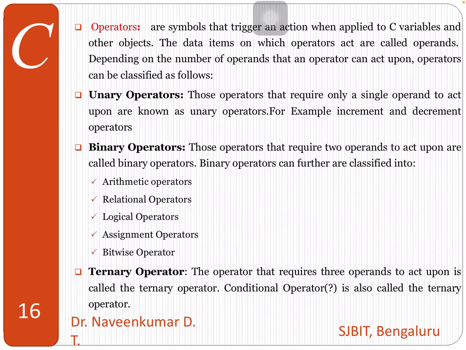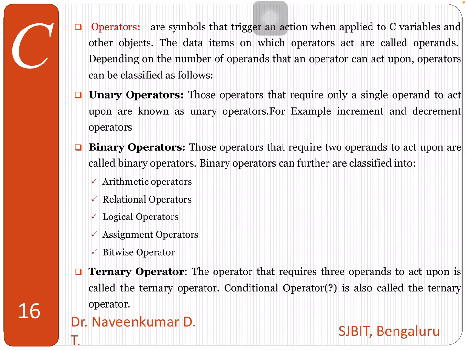Relational operators we use to compare two variables, and logical operators we use when we want to make logical decisions. Basically, for logical operators there is an AND operator and an OR operator. Assignment operators we use to assign some particular value to a variable, and then we have bitwise operators.